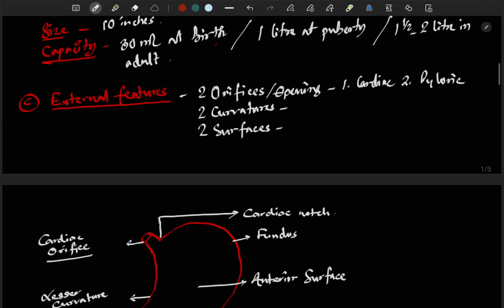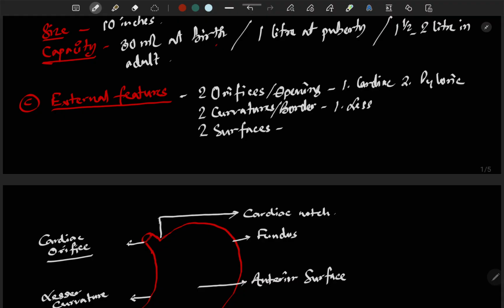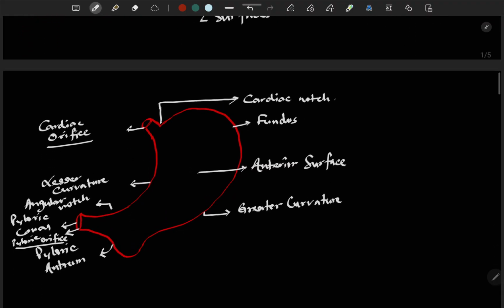Next are the two curvatures, or you can say the curvature as the border. Number one, lesser curvature. This one is the whole lesser curvature, and this one is the greater curvature.